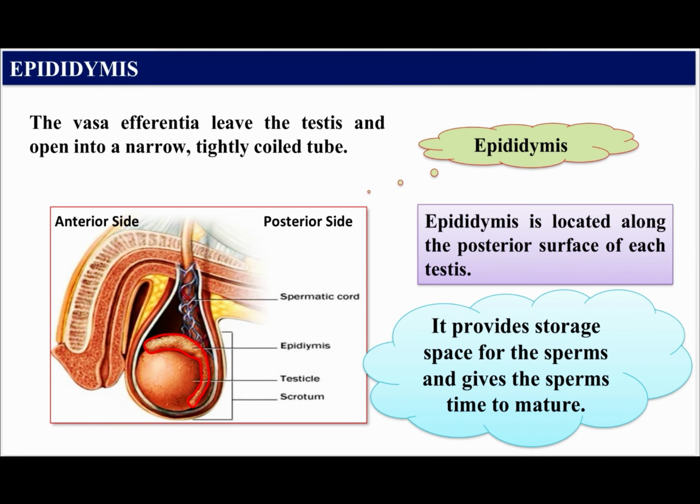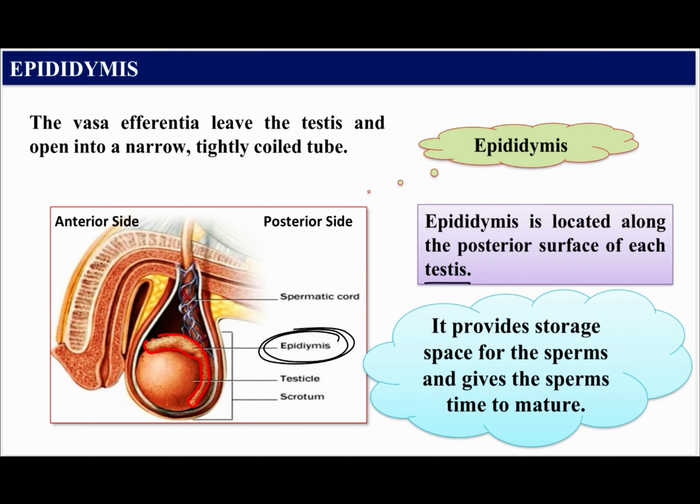Now the epididymis. See, this red color, that is the epididymis. Epididymis is located along the posterior surface of each testis.